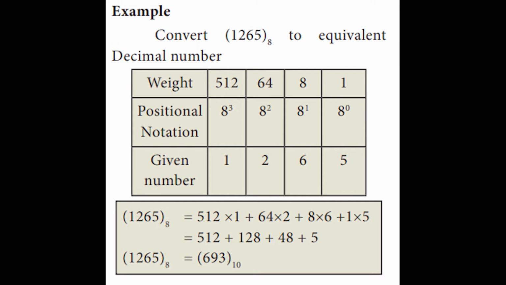And the next one is octal to binary conversion. For each octal digit, we'll write a 3-digit binary equivalent using the positional notation here also. I'll just give an example so you will get the idea.